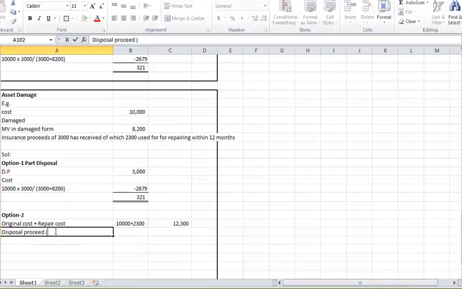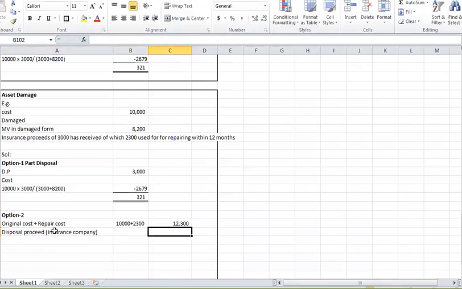The money received from the insurance company will be your disposal proceeds, which in this case is £3,000. And there you go. You have £9,300.